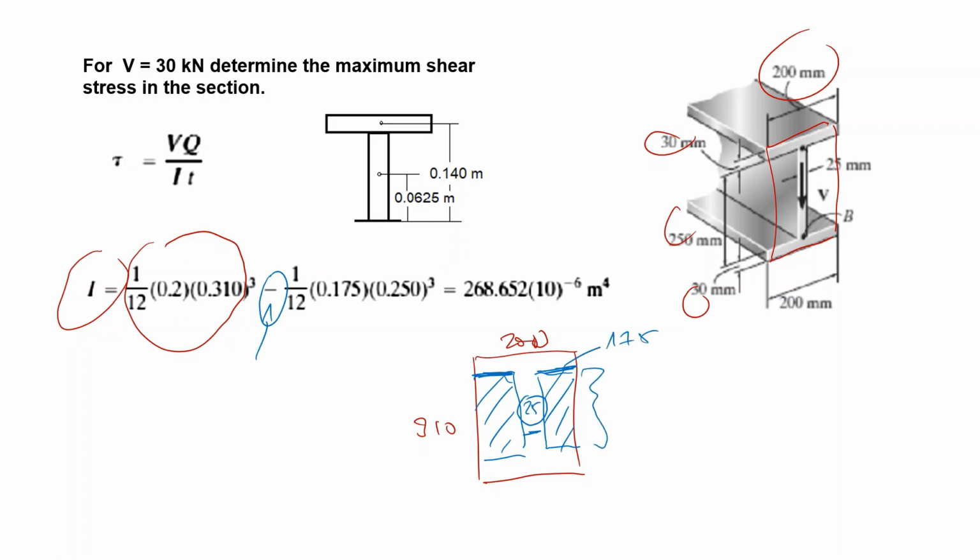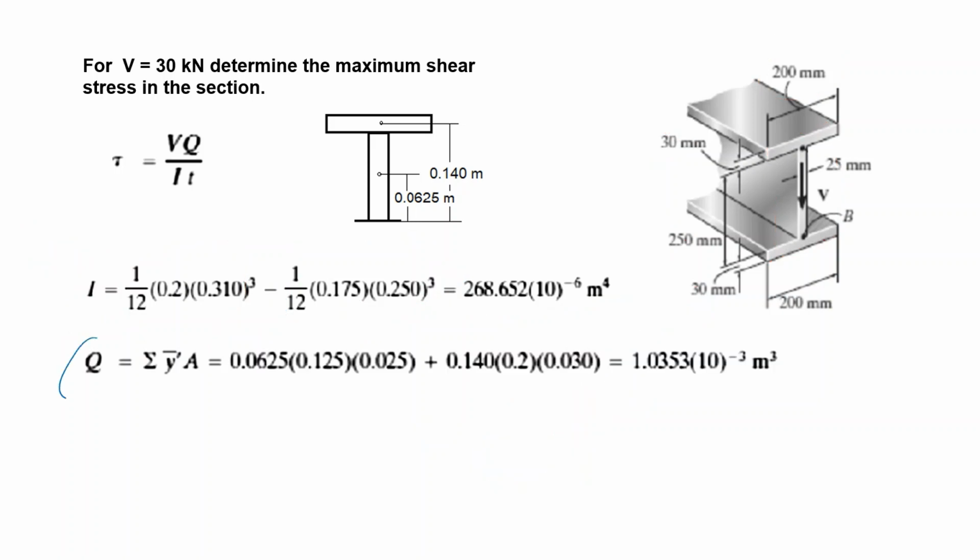This height is 250, so it is minus 1/12 times 175 times 250 cubed, and that is my result, the moment of inertia for this section.